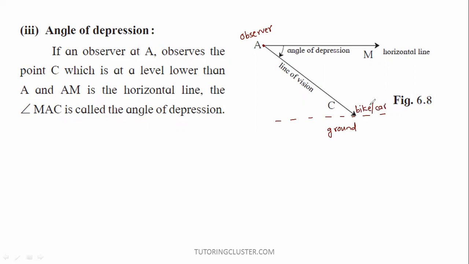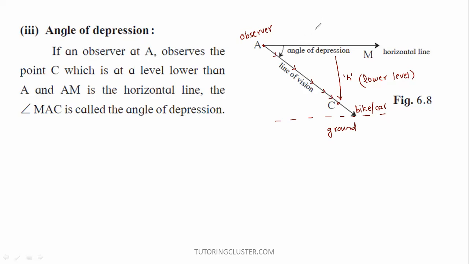This point C is on the downside, on the lower level. The observer is observing a bike or a car placed on the ground at point C, so this will be the line of vision.